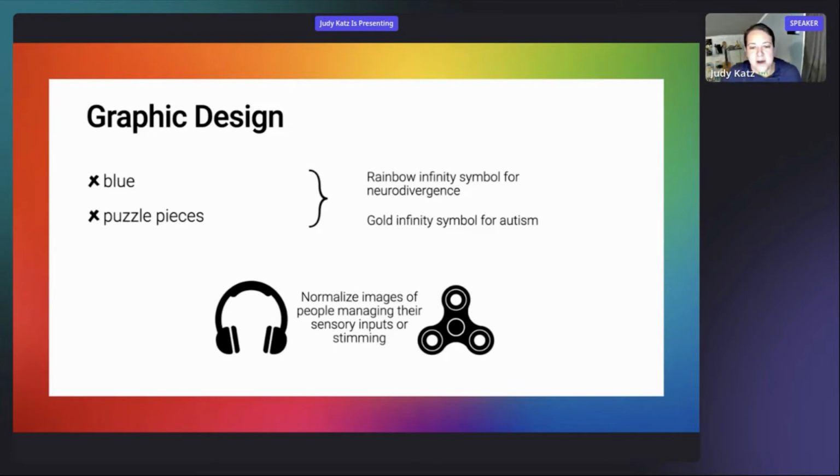And that's basically a thing that helps us keep focus and helps with, I guess, dopamine in some ways. And so normalizing the use of those, not just among kids, not just among boys, but having those kinds of images can be a very inclusive thing to do.